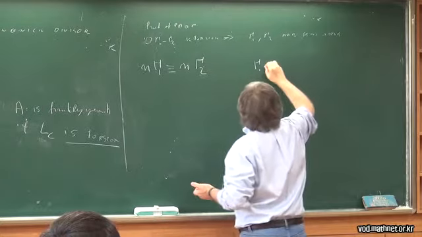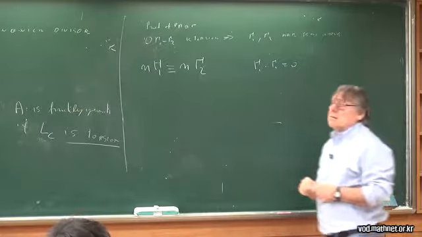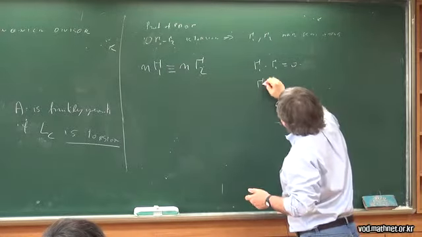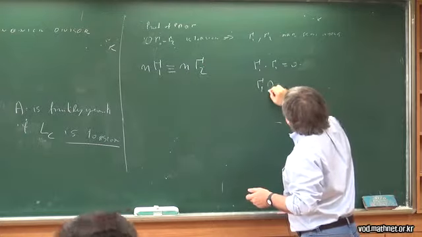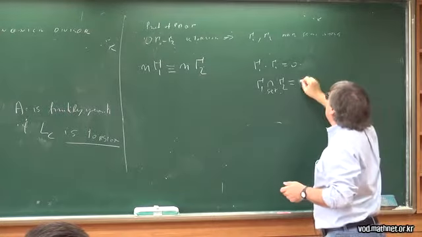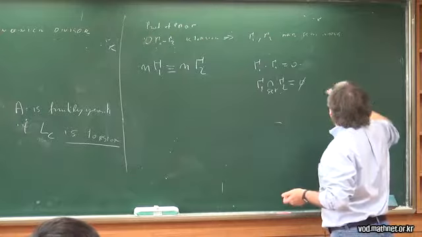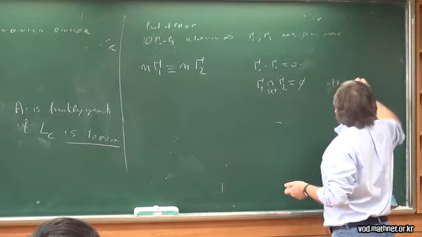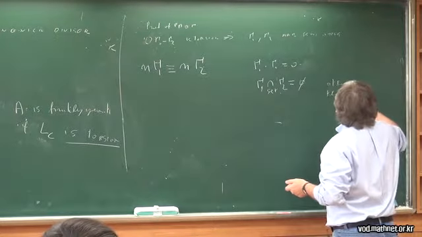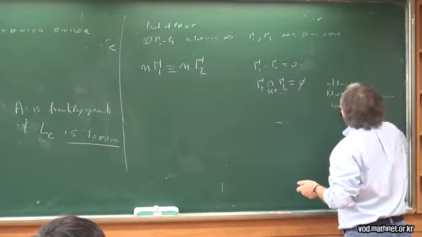Now you can remark also that gamma 1 by gamma 2 has intersection 0, and we can remark also that gamma 1 set theoretically intersect gamma 2 is empty, because otherwise they would have a common component.